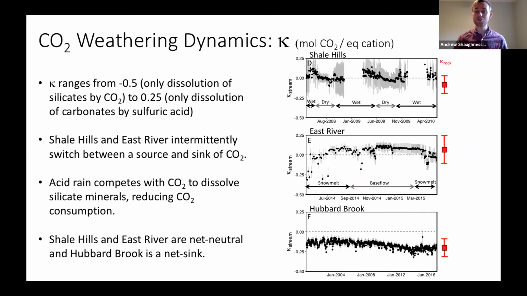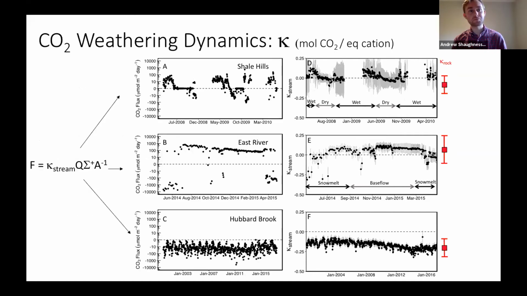In both Shale Hills and Hubbard Brook, acid rain is competing with CO2 to dissolve silicate minerals, actually lowering the capacity of the watershed to sequester CO2. That has been observed in other watersheds as well: acid competition between sulfuric acid and CO2 reduces sequestration of CO2 through weathering in the critical zone.